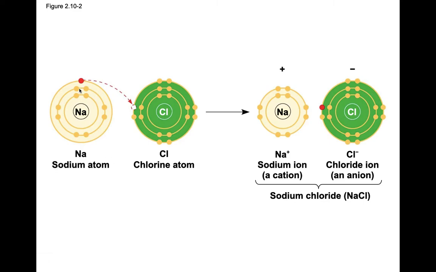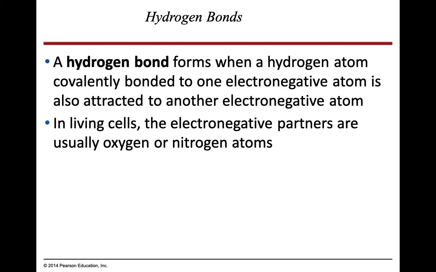These always tend to be metals that lose electrons. And we have a non-metal, chlorine, that's going to gain that extra electron. Sodium becomes a positively charged ion. We call this a cation. Well, chlorine becomes an anion, a negatively charged molecule, and they form an attraction.